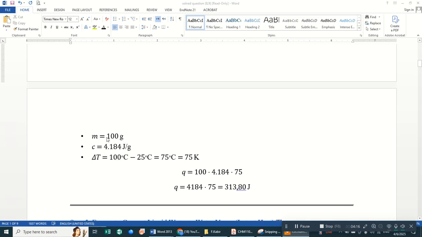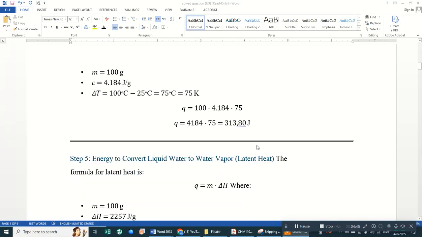The mass of the liquid water is 100 gram, the specific heat of water is 4.18 joule per gram Kelvin, the final temperature is 100 and the initial temperature is 25. So 100 minus 25 is 75 Celsius, which equals 75 Kelvin. You can also use this temperature as such, 75 Celsius.